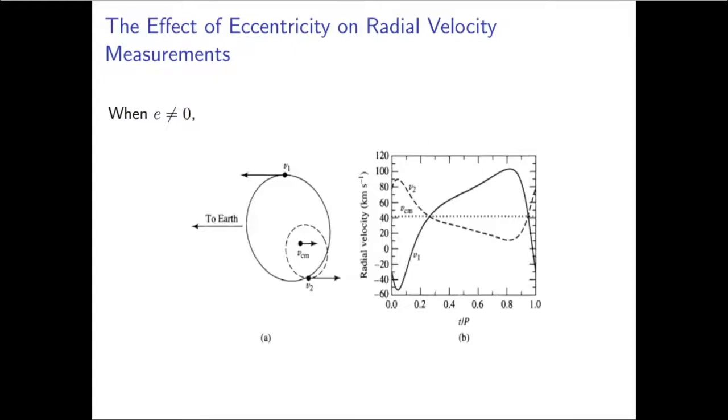The exact shape of this curve also depends strongly on the orientation of the orbit with respect to the observer, that is, on the orientation of the system you are observing from the plane from which you are observing.